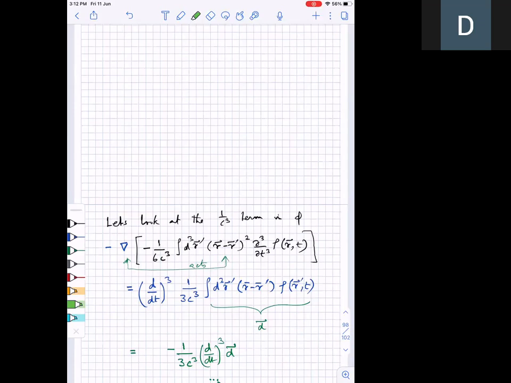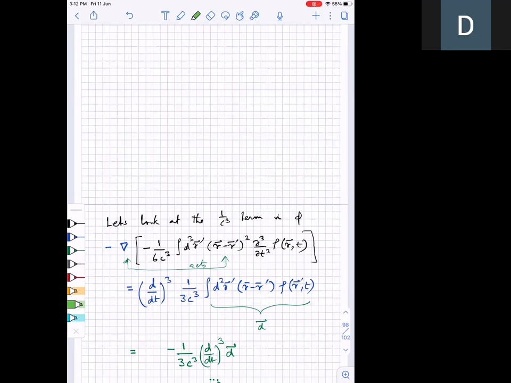Minus 1 by 6c cubed, volume integral, r minus r prime squared, because it was r minus r prime cubed, but there was r minus r prime at the bottom, so we got rid of one of the powers, and the third derivative of the rho. When I have a minus grad of this, grad acts on the r minus r prime. Okay, so we get rid of one of the powers. So that gives only r minus r prime, and 2 comes on the front.